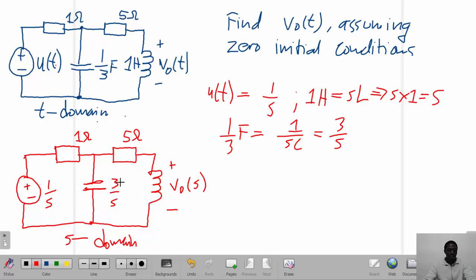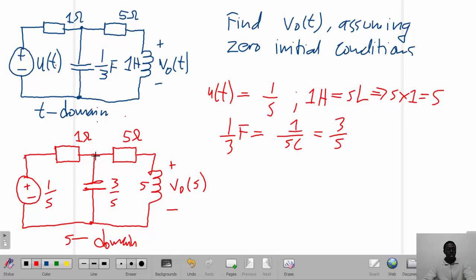So across the capacitor, you've seen the value is 3/S. The voltage source is simply a unit, 1/S. And then you've got the inductor here, which is simply S, as we have found, S multiplied by 1.